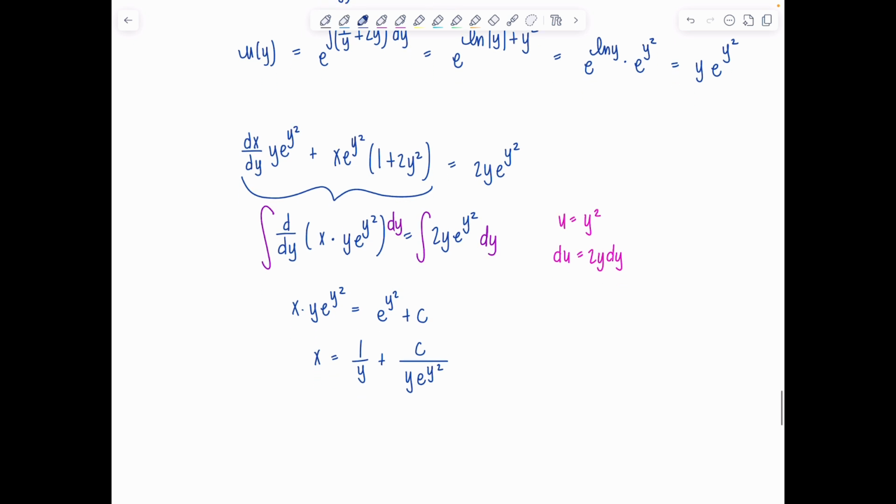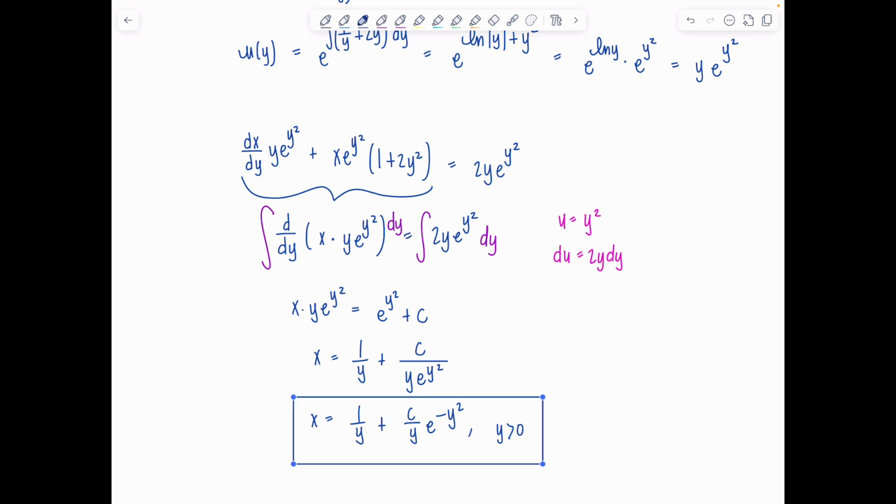Typically in the back of the book, they're writing the exponential functions with negative exponents instead of in the denominator. So I'm pretty sure if you double check back there, it's 1 over y plus c over y, e to the negative y squared. And then y has to be greater than 0. How do you feel about that? Yeah, okay, we can discuss in class. Or in the comments if you're not in my class. Or if you're in my class, talk in the comments too, I don't care.